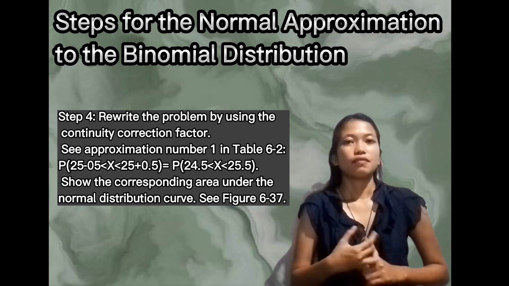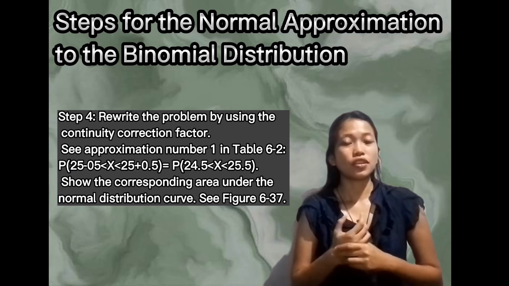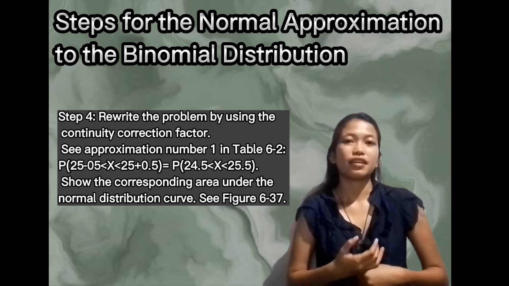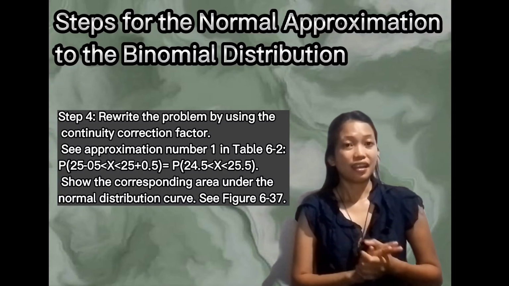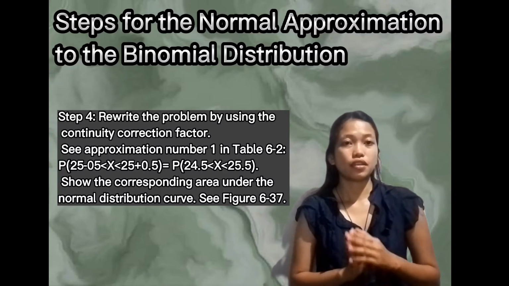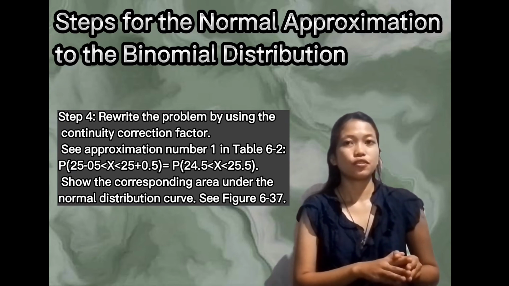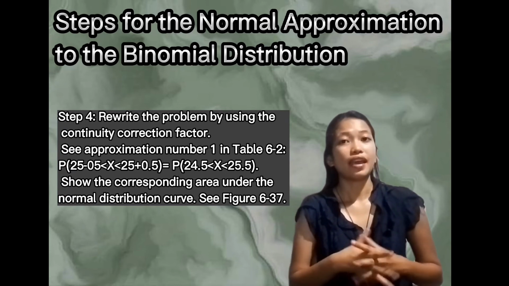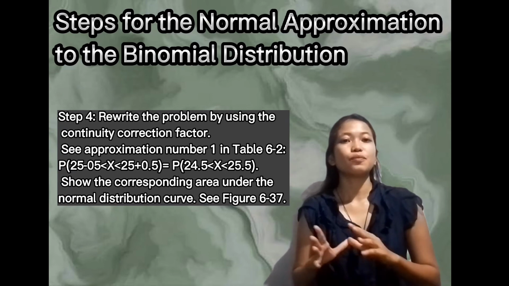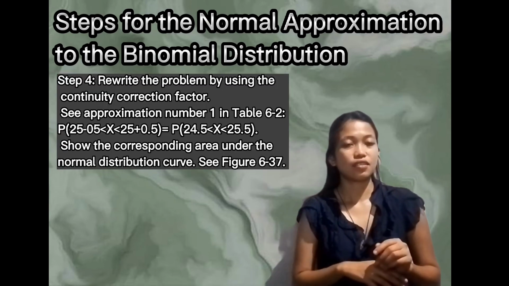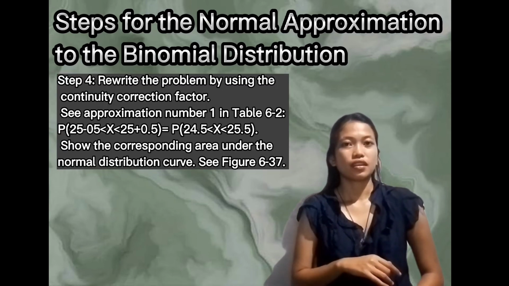So, our x is 25. 25 minus 0.5. X is greater than 25 minus 0.5 and less than 25 plus 0.5. Or x is greater than 24.5 but less than 25.5.